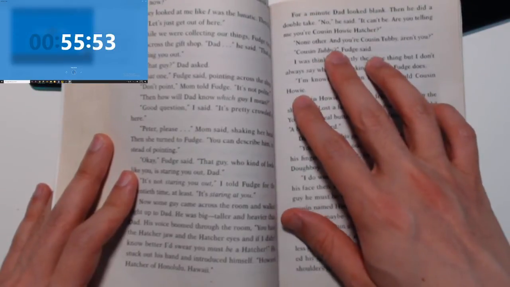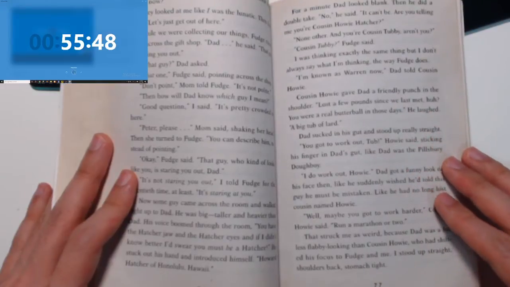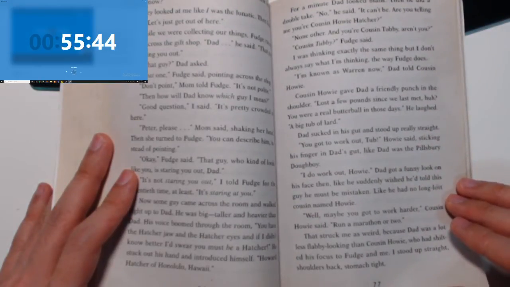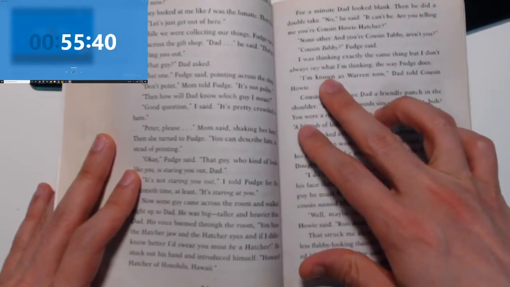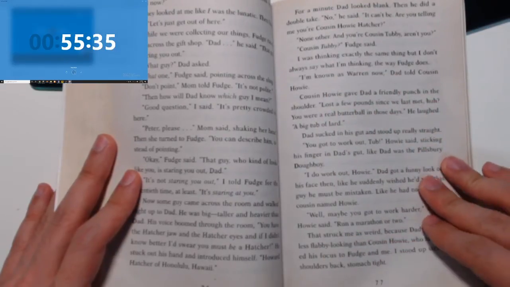And you are cousin Toby, aren't you? Cousin Toby? Toby? Fudge said. I was thinking exactly the same thing, but I don't always say what I am thinking the way Fudge does.